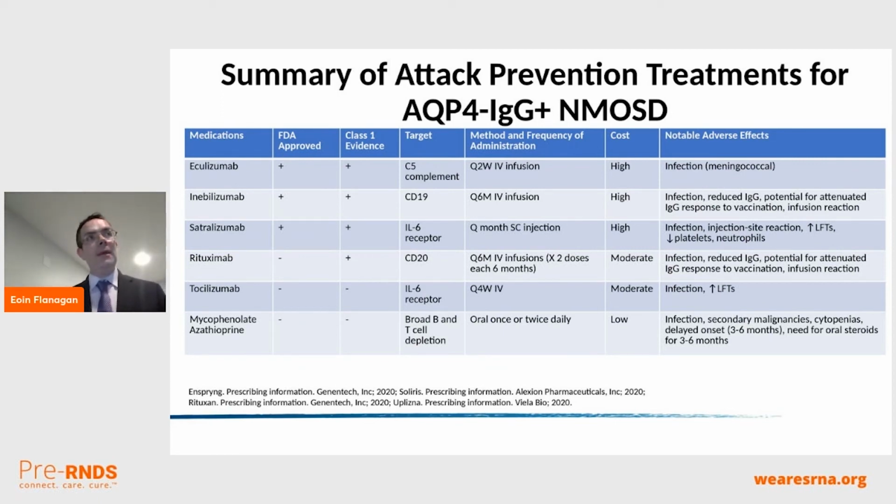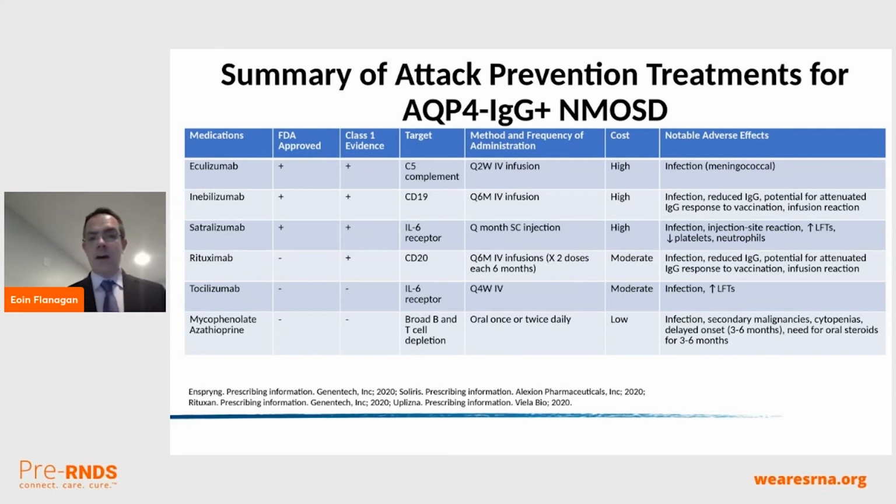So if cost is an issue or if insurance approval is an issue, this medication can be an option. It does reduce antibody levels, so that's also an issue, and it can reduce the response to vaccination, both that and the inebilizumab, as we mentioned earlier. And it does have class 1 evidence to support it in a small clinical trial. So these 4 medications are really some of the mainstays that we will use.